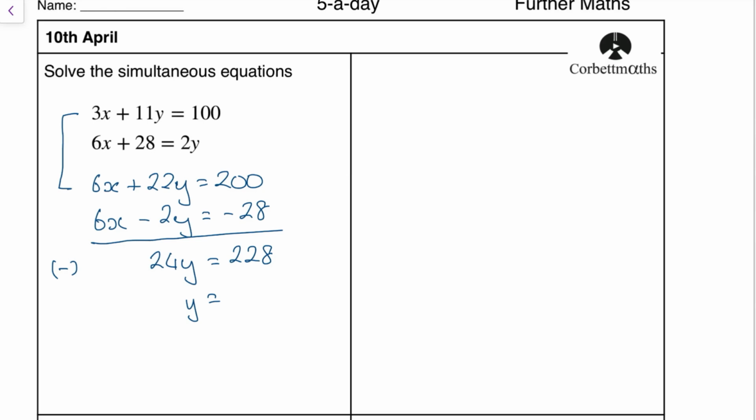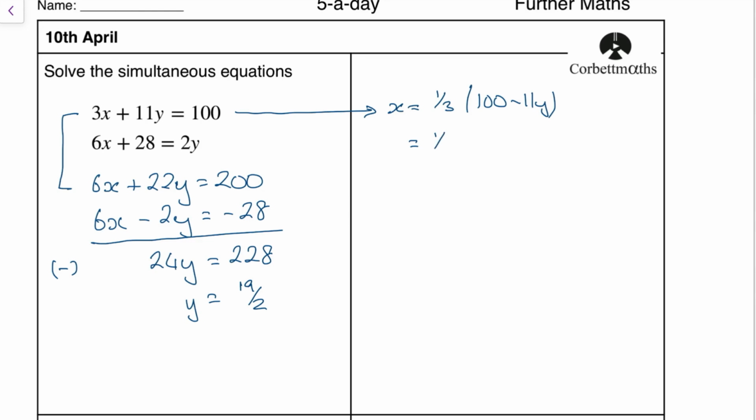These numbers aren't going to be very nice, are they? I don't think that divides. So 228, I'm on my calculator, divided by 24 is 19 over 2. Okay, right. Then what I'm going to do is take one of these equations. Let's take this one here, and I'm going to rearrange this to x is equal to a third of 100 minus 11y.